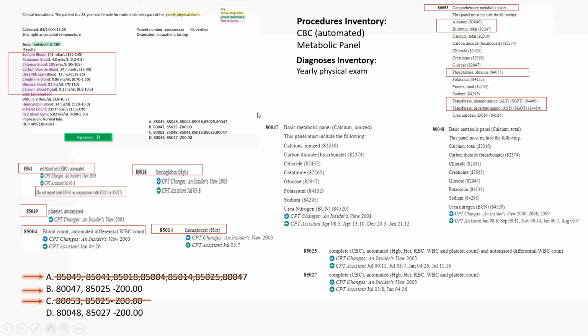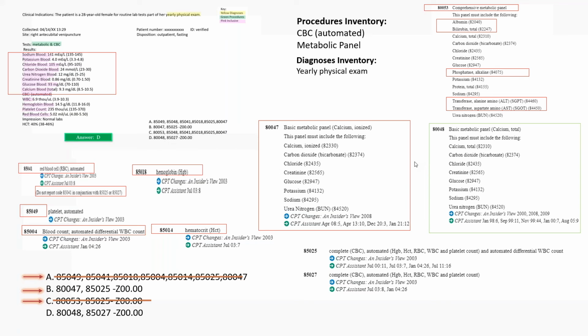Now let's look into the next two options, option B and option D. 80047, 80048. 80048, option D, will be the correct answer. So I will say why. As I said, the key for this scenario is the metabolic panel.